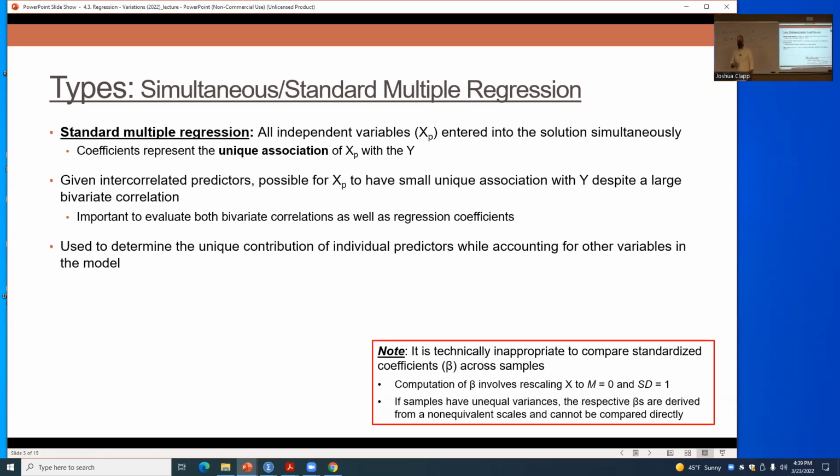So, quick note on regression coefficients, right? We've got our unstandardized regression coefficients that tell us per unit increase in X, what's the expected change in Y. We've also got our standardized coefficients that say per standard deviation unit of X, what's the corresponding standard deviation change in Y that we would expect, okay?